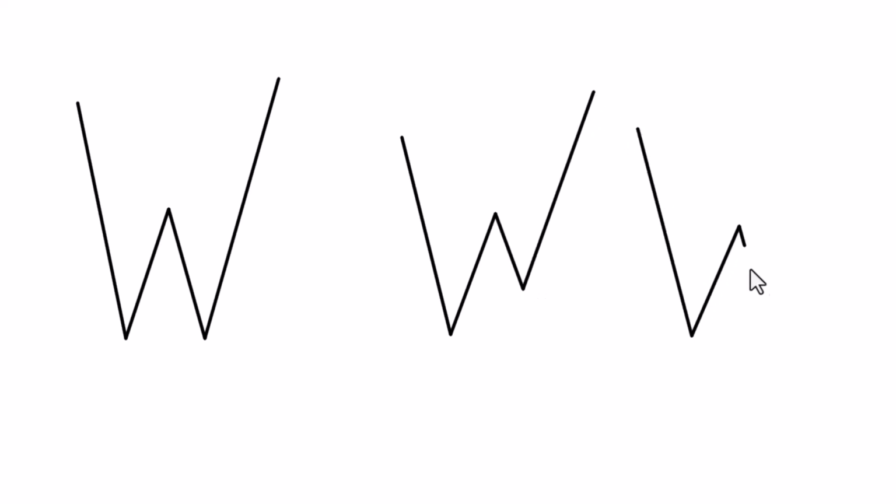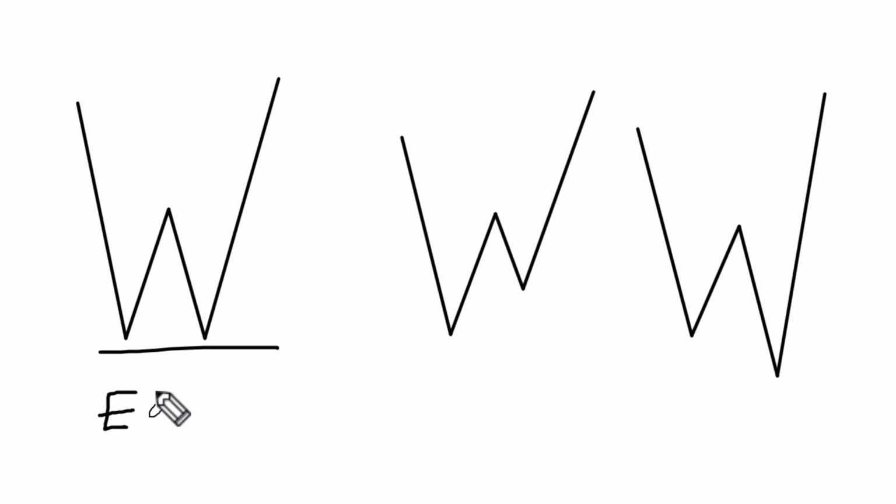Now let's wipe this out again. Double bottom can exist in different variations. It is not necessary that you have to come to this level. Now let's see variations. Double bottom can appear like this. It can appear like this. It can appear like this. You can see, right here we have the equal lows double bottom.